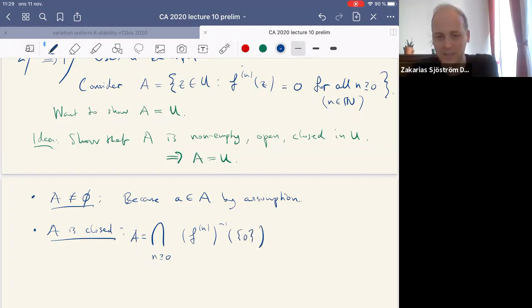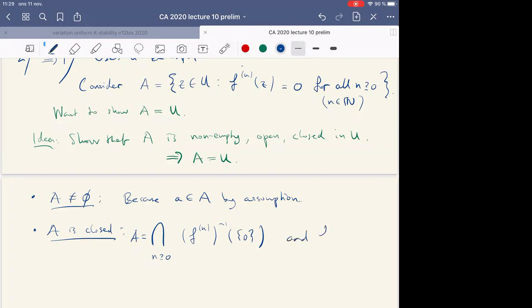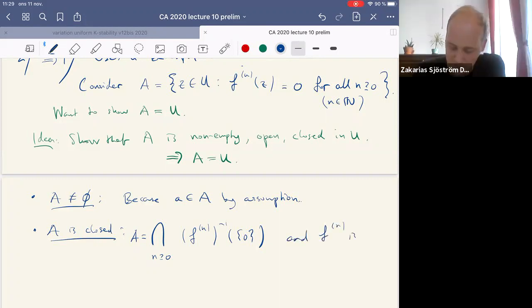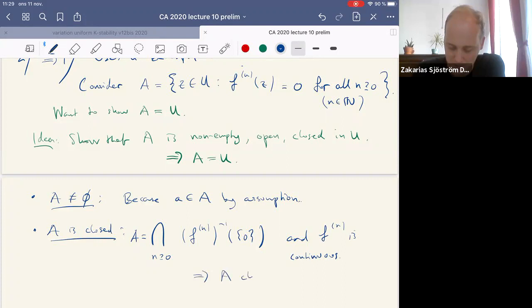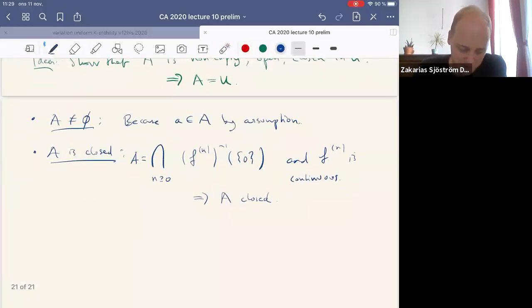Okay, very good. So you're saying that A is equal to this intersection that I just wrote? Yeah. And you say that the nth derivative is continuous? Yeah, so these are closed because 0 is closed. Exactly, which implies that A is closed because this singleton set here is closed. Okay, very good, excellent. So we now know as well that it's closed.